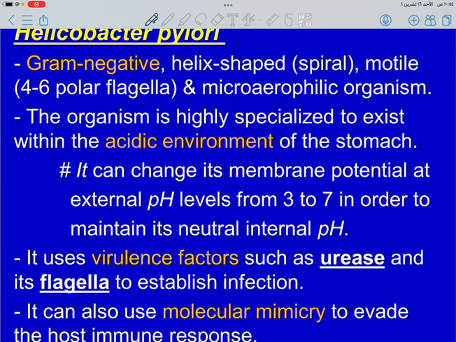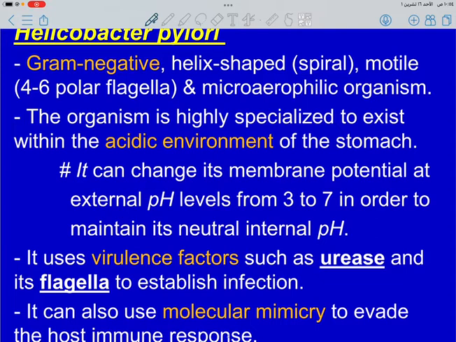The organism is highly specialized to exist in an acidic environment. As you know, the stomach is very acidic. The pH is about 2 to 3. Very, very acidic. تصور microorganism تقدر تقاوم هالاسيديتي الرهيبة. And this microorganism has very special characters that we are going to talk about.